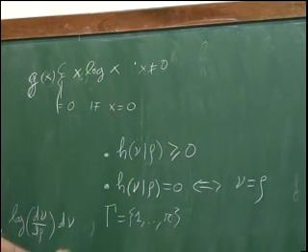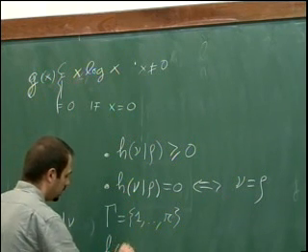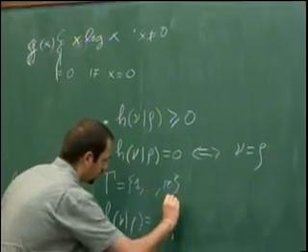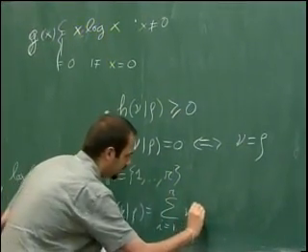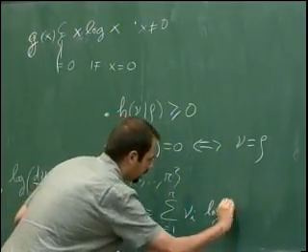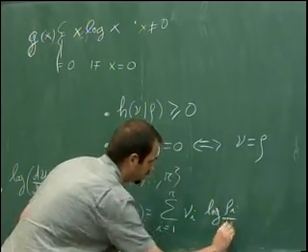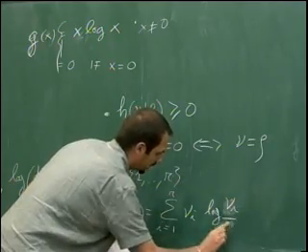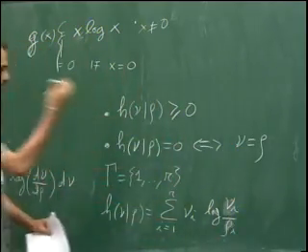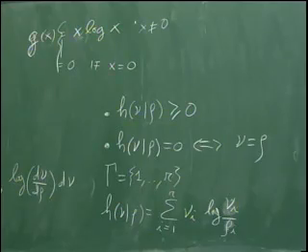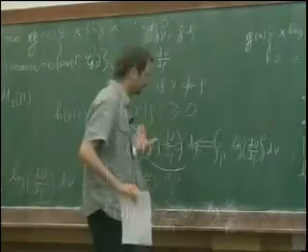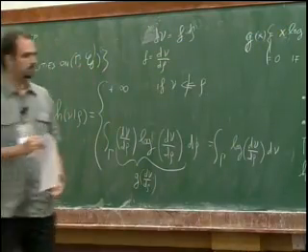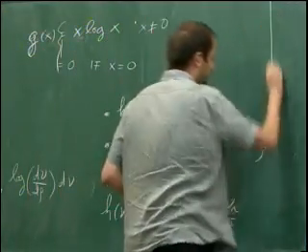Then in this case, h of ν given ρ is just the sum for i equal 1 to R of ν_i logarithm of ν_i divided by ρ_i. So it's a very simple explicit expression. It's a convex function, actually. This is always a convex function of the probability.